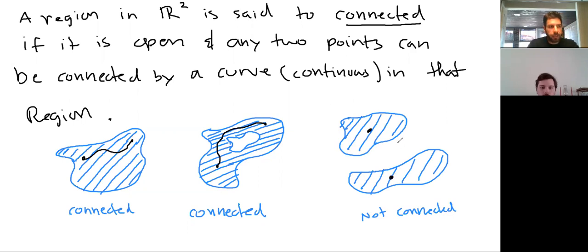There's no way I can connect these two points. Does anybody have a question about this?